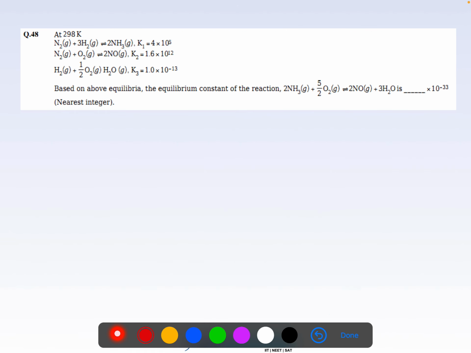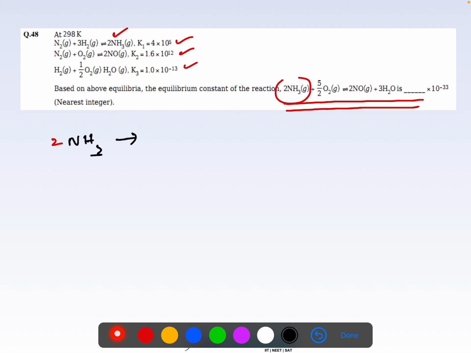In this, 3 different reactions are given at equilibrium with K values, and you have to get the K value for the given reaction. Here the ammonia is present on the reactant side, while here it is present on the product side. So I can write this in the opposite direction: 2NH3 giving rise to N2 plus 3H2.